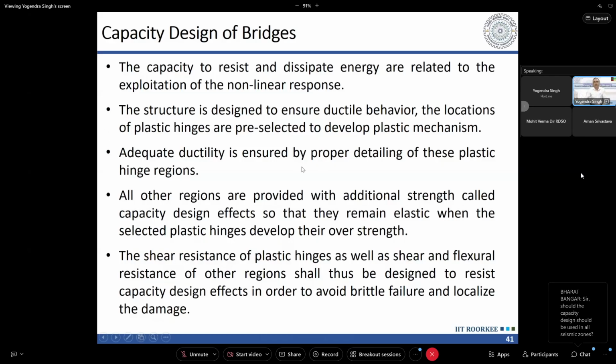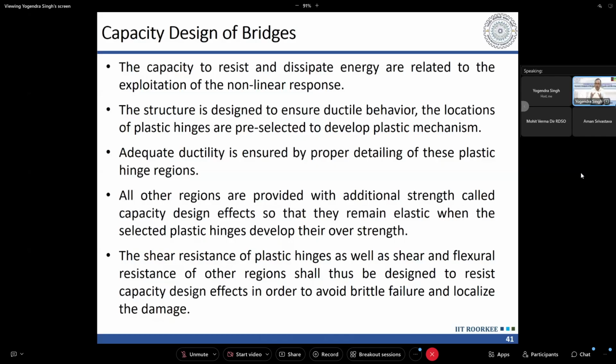And if the structure is ensured for ductile behavior, then to obtain this ductile behavior when we want to dissipate the energy, the location of the plastic hinges should be pre-selected. How can we select the location of the plastic hinges? By making all other locations stronger than the location where we want the plastic hinges to occur.